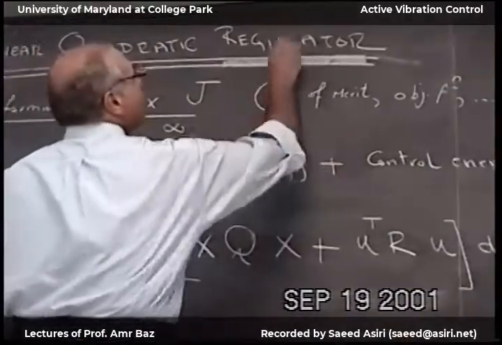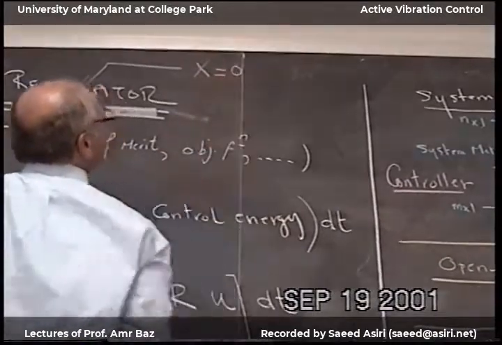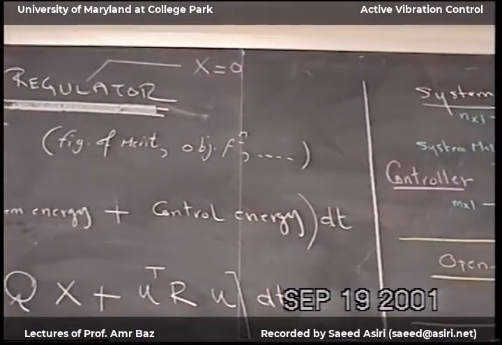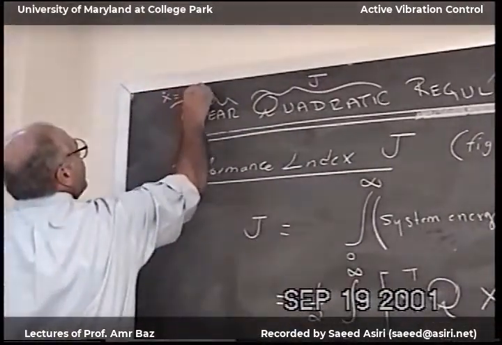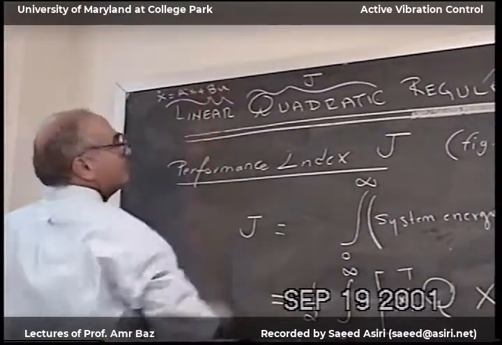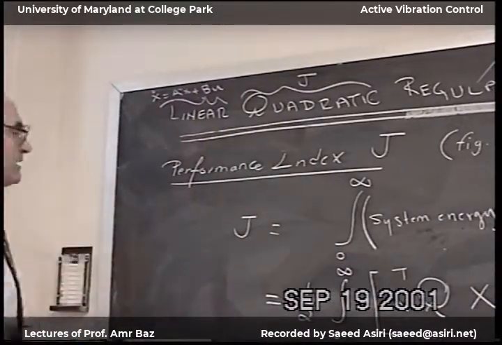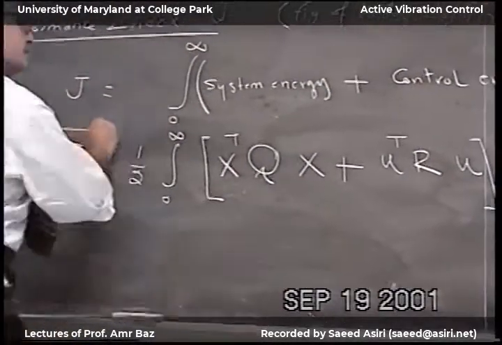So the regulator is to make x 0, and then quadratic because of J, linear because of x dot equals Ax plus Bu. Okay, so now we have everything here in this performance index.